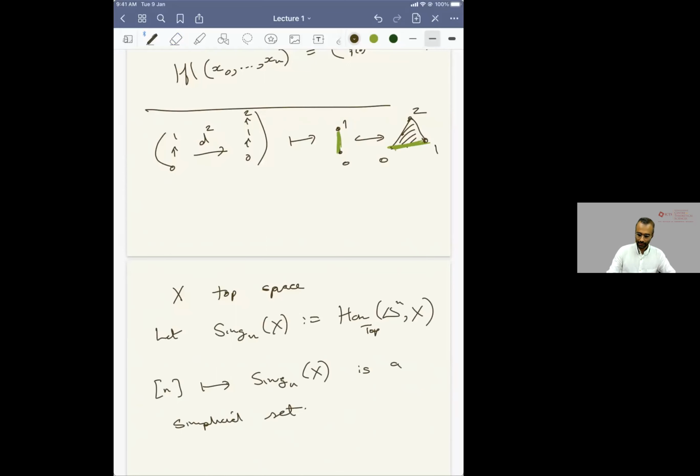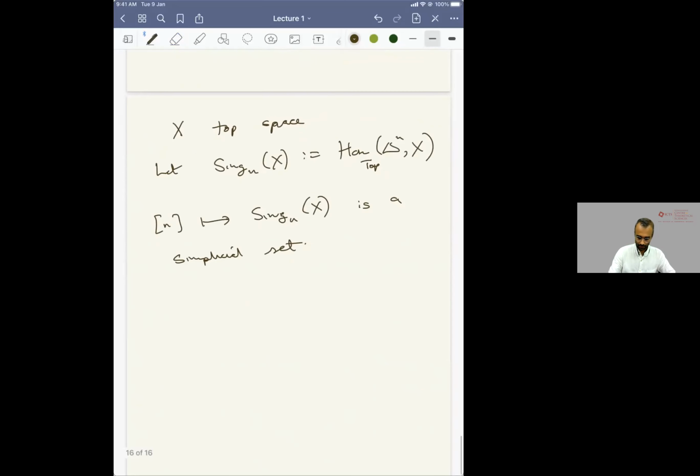And what I said at the beginning is that this simplicial set, Sing of X, maybe I should give a definition.